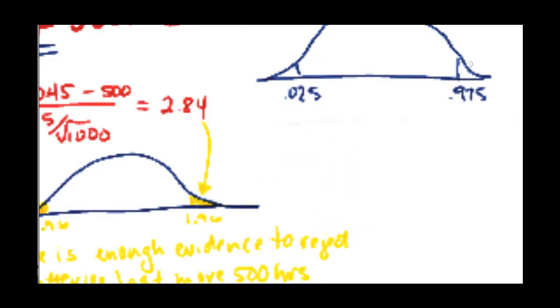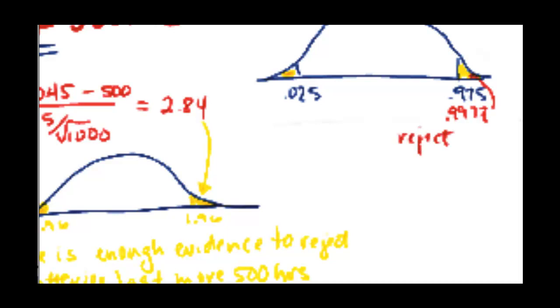So there's rejection region 1, rejection region 2. So this is the first way of doing the P method. So we got 0.9977, and that is clearly in this rejection region, so you reject if you use that way.